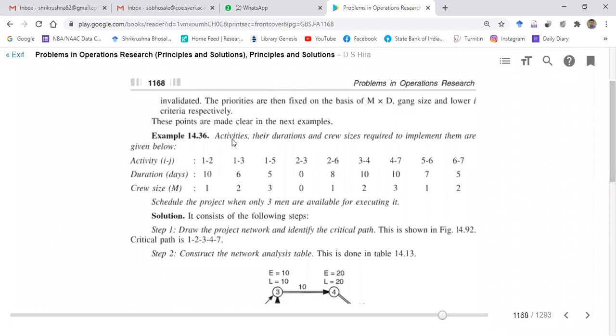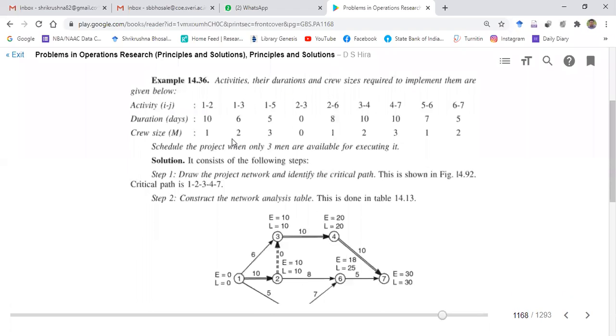Suppose the project is going on at the site, and there are 5 workers. Initially, these 5 workers are allocated to different works: 2 workers for one work, one worker for another work, and the remaining 2 workers for another work.